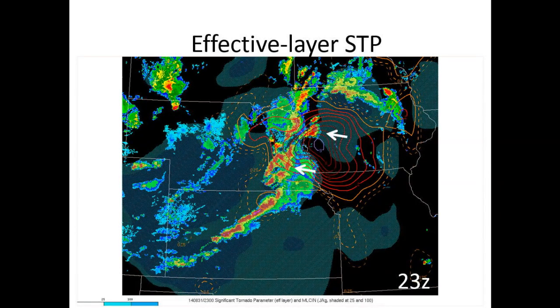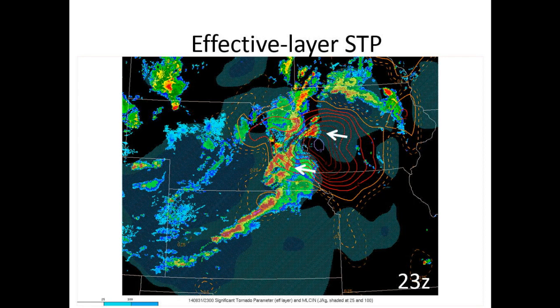23Z. Now I've highlighted 2 storms that we look at. Not too much detail in terms of radar, but just to highlight how the environment behaves and how these 2 storms behave. We've got one storm that did have a mid-level mesocyclone, northeast of Omaha, the northern storm of the 2 highlighted, and then there's another storm in southeast Nebraska that's somewhat discrete.